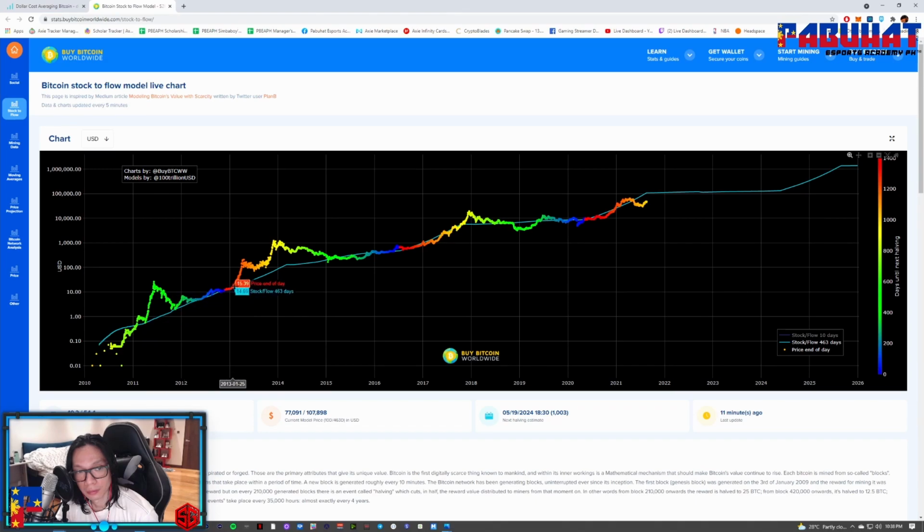From 2010, first cycle, second cycle, third cycle. So you can draw your own conclusions from here. Once it goes red, you would see where the price would go. So this is the 4th year of the 4th year cycle, and we just finished the halving period.